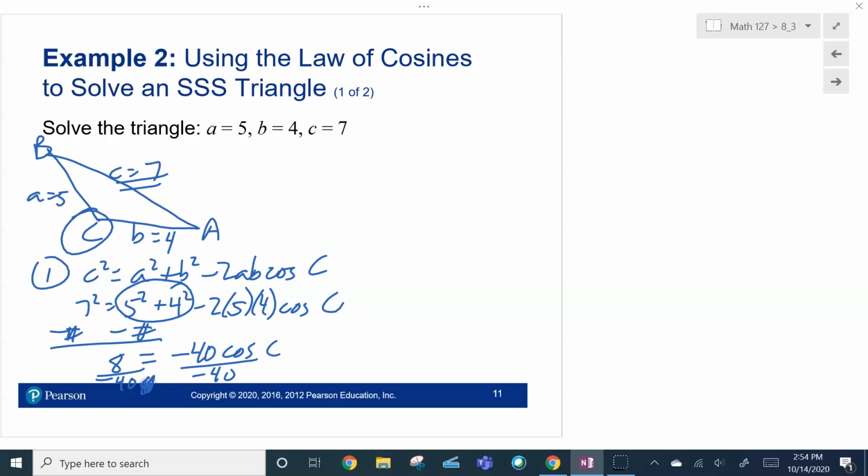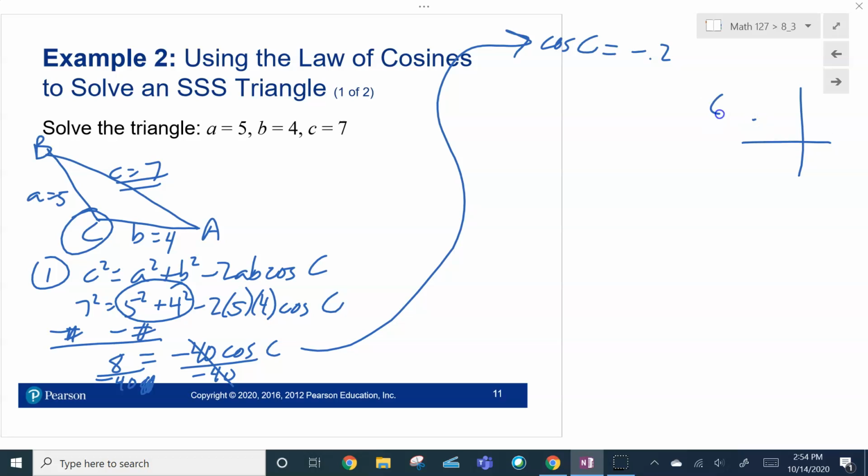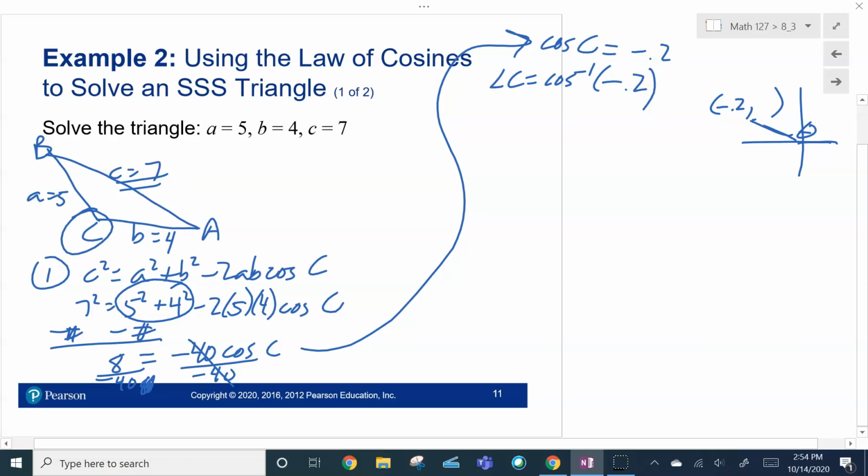So cosine of C is negative 0.2. So we know if the cosine is negative 0.2, then that angle's got to be obtuse, right? So we run the arc cosine. Make sure you're again in degrees. And angle C ends up being 101.537 degrees.